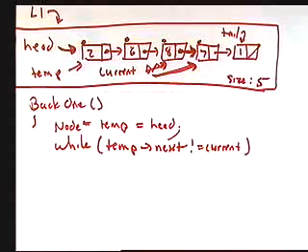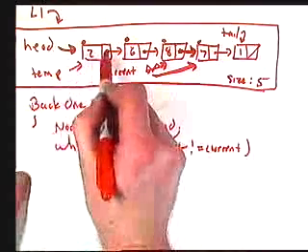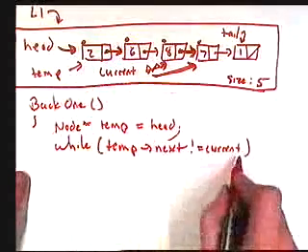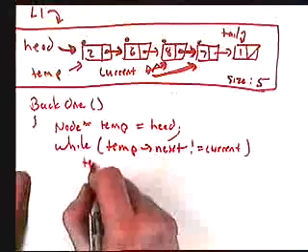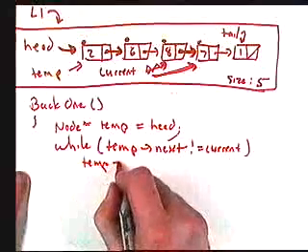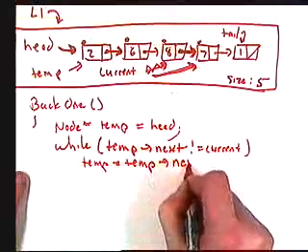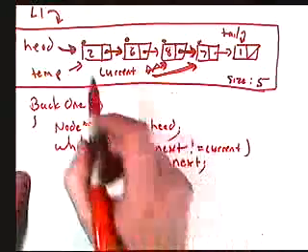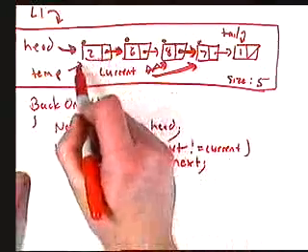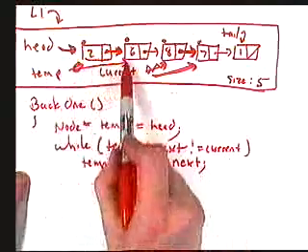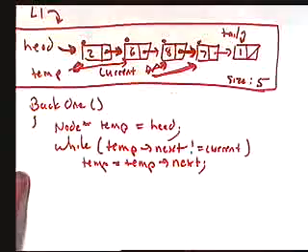But we can say here, as long as temp next, in other words, as long as the value this pointer points to is not equal to the node current points to, then I can use my iteration, or my traversal forward, and say temp equals temp arrow next. So I'll say, is temp next equal to current? No. Then move temp to here. Now, is temp next equal to current? No. Temp next points to the node containing 8.